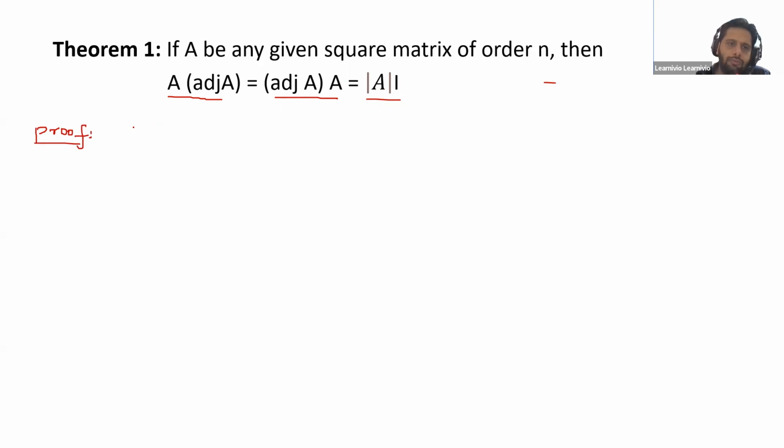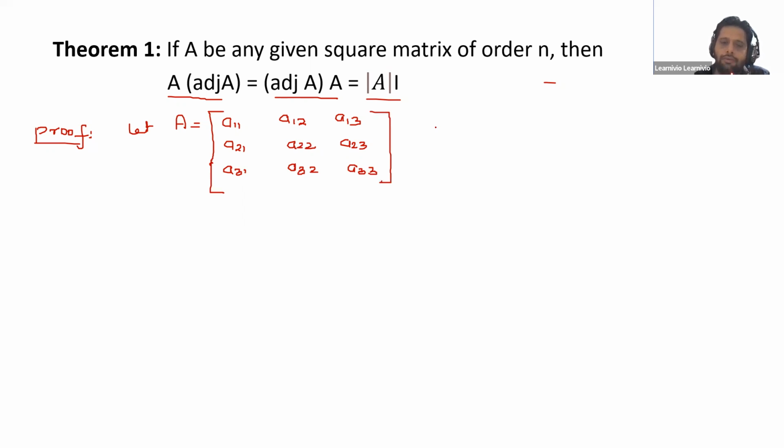Okay, so we have a matrix. Let A be equal to A11, A12, A13, A21, A22, A23, A31, A32, and A33. This is the matrix we have. Now we will find the adjoint of this.